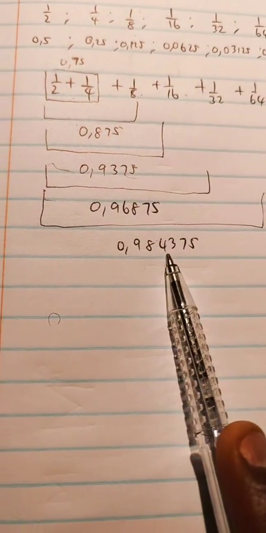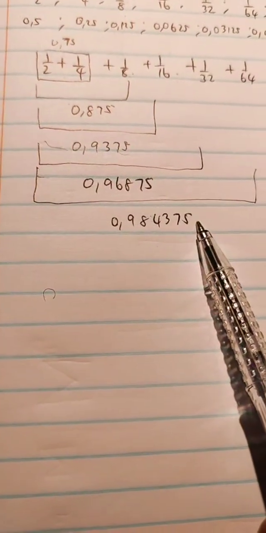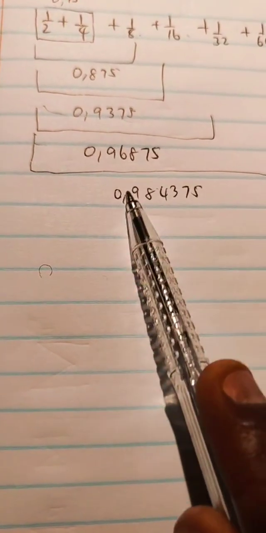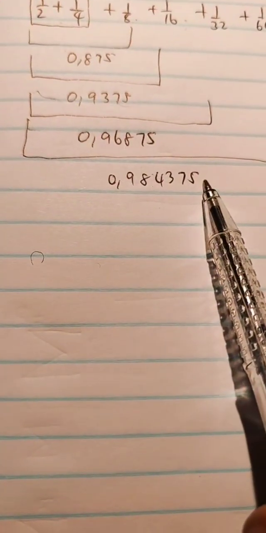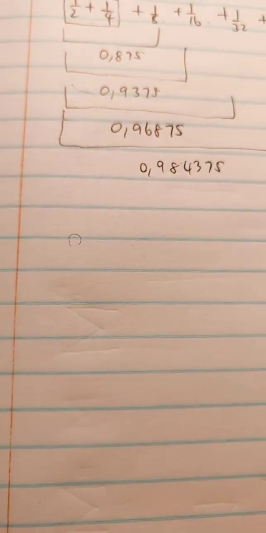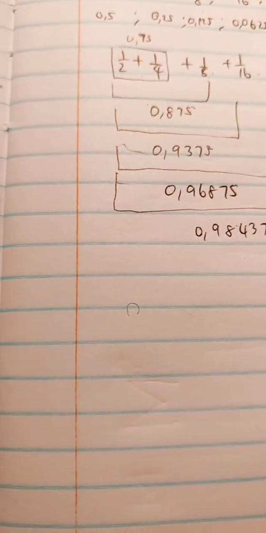Currently, 0.984375 is less than 1. It just means the addition that we have is not going to have a significant impact. It's just going to have an impact down there, but it's not going to change anything when it comes to making sure that our value is 1 or greater than 1.